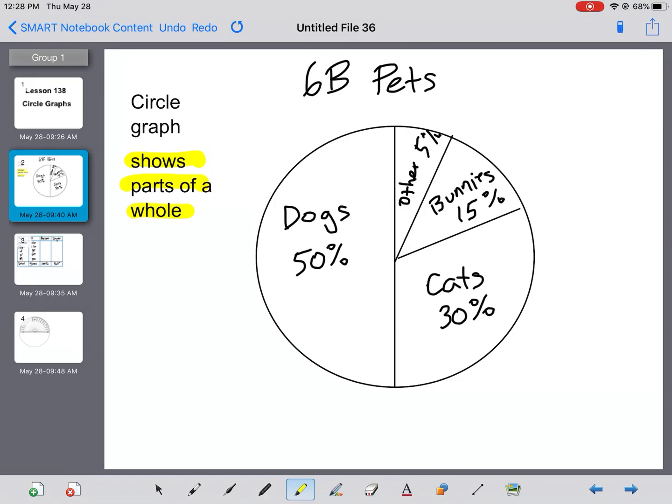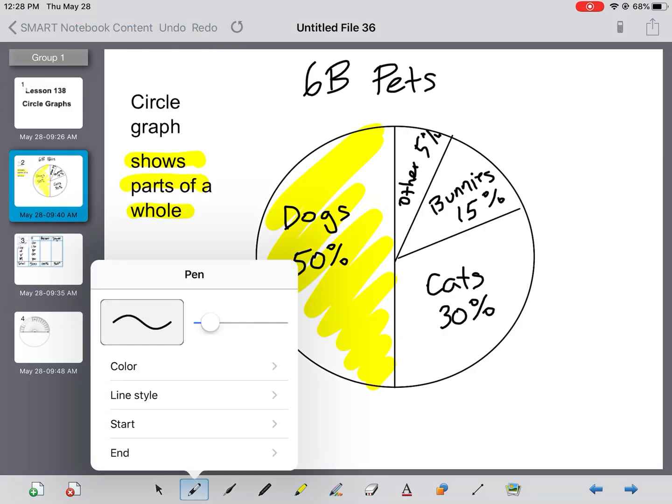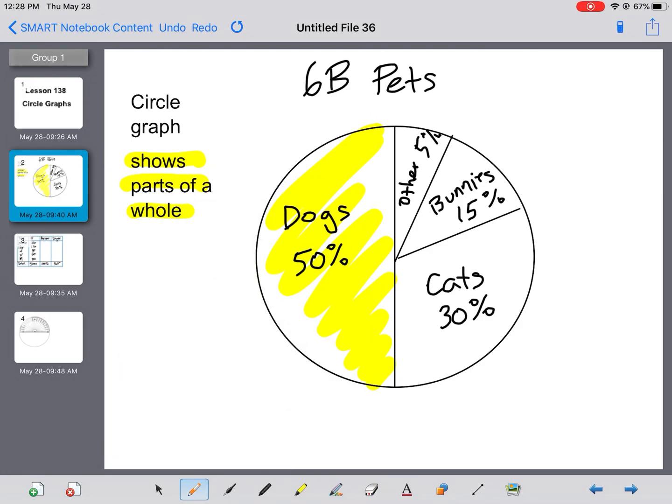Now, 50% of the class had dogs, so half of my circle graph is shaded in as being the dog section. Now, you should know that there are not 100 people in grade 6B. There are 28 people in grade 6B.